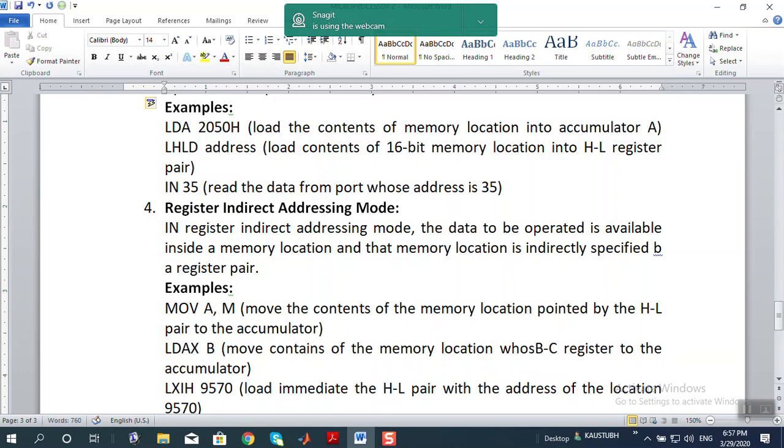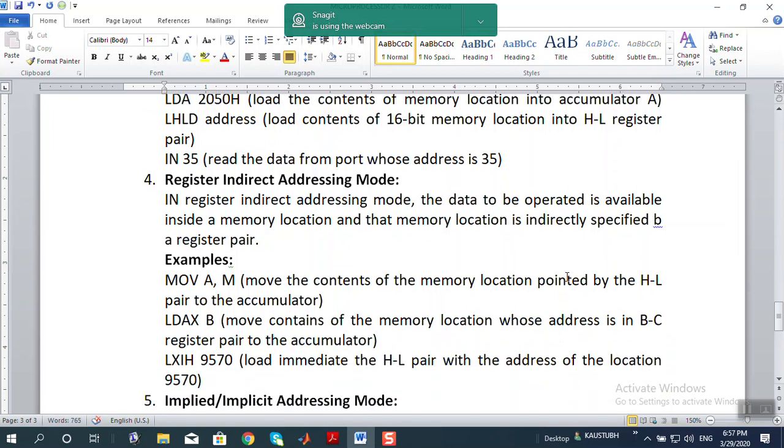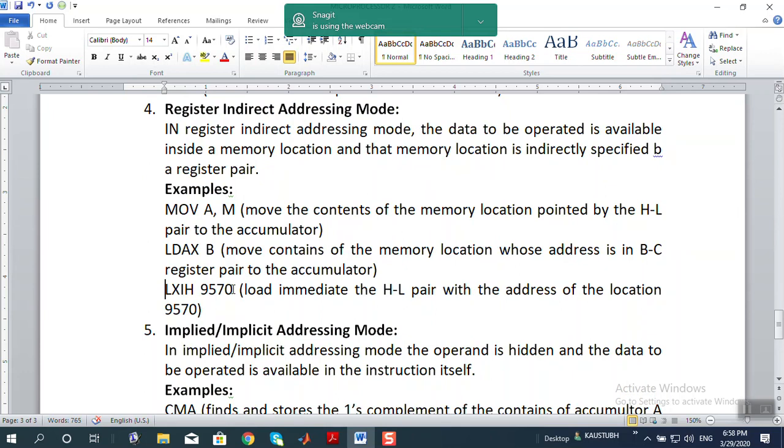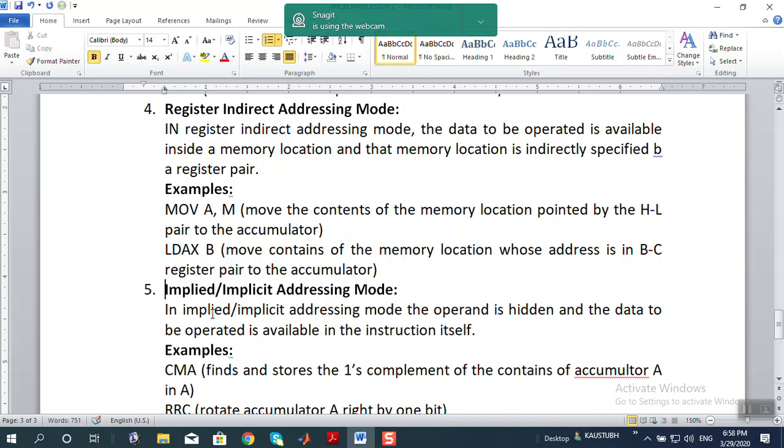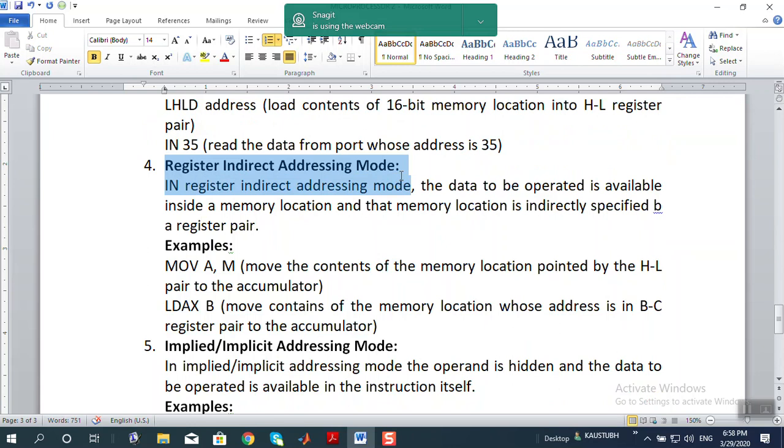Okay. So you got it now, register indirect addressing mode.